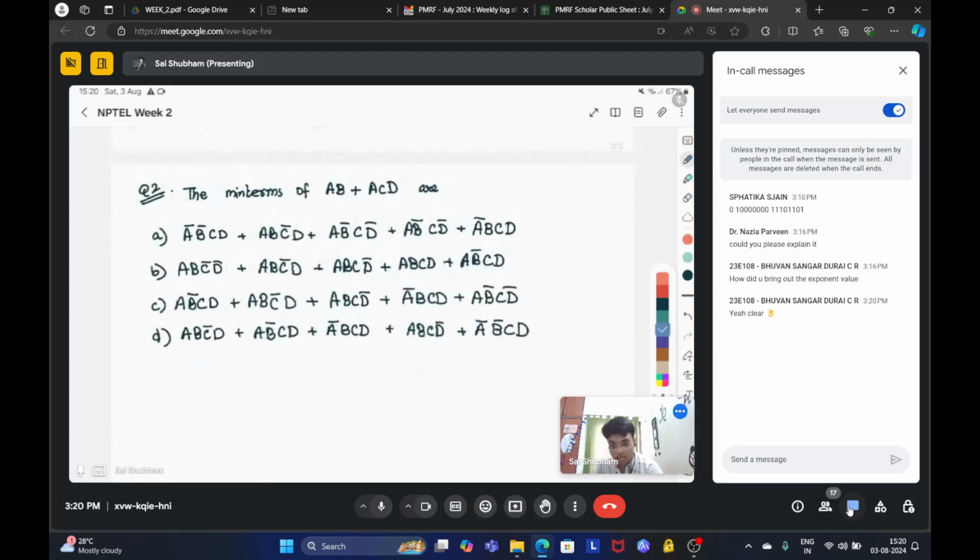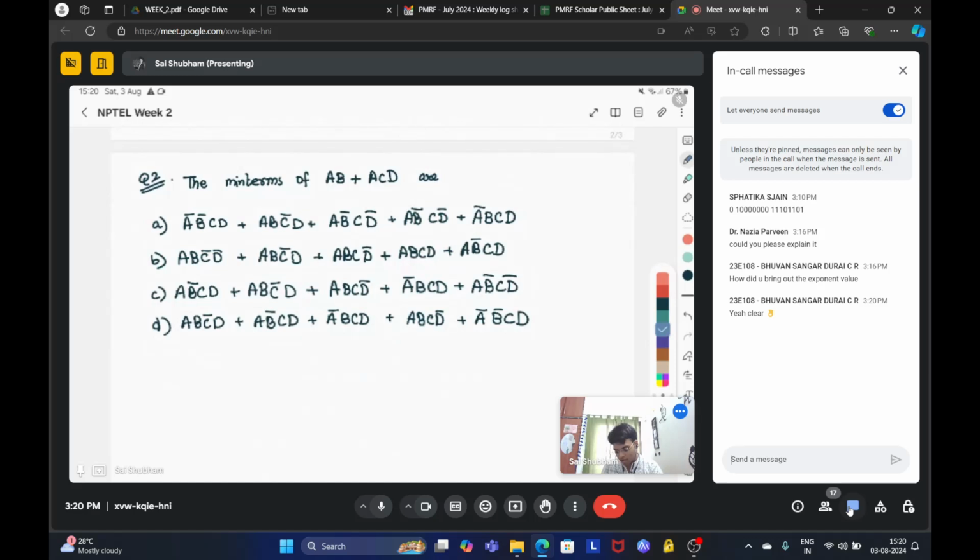So the next question is this: you have to find the minterms of AB plus ACD, and there are 4 options.